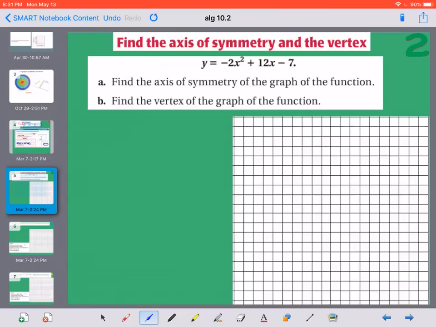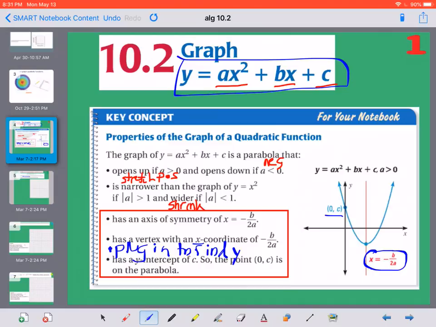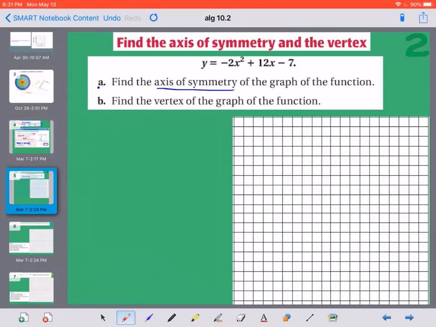First one, we have y equals negative 2x squared plus 12x minus 7. First thing we got to do is find the axis of symmetry. So if I'm trying to find the axis of symmetry, I'm looking for this equation, x equals negative b divided by 2a.